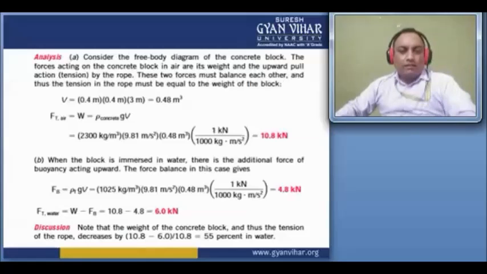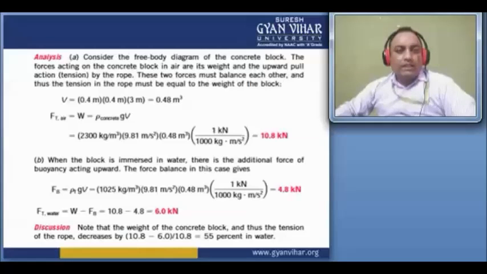In the second case, when the block is immersed in the water, there is an additional force of buoyancy acting upward. The force balance in this case gives Fb equal to rho g V, that is 1025 kg per meter cube times 9.81 times 0.48, divided by 1000 kg per meter second square.